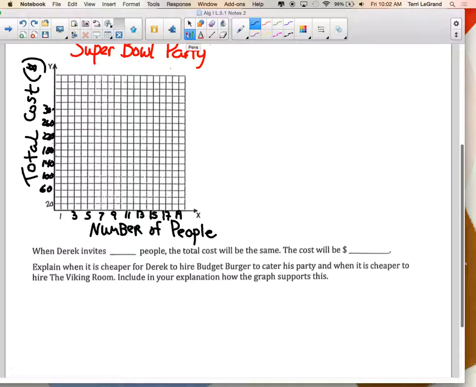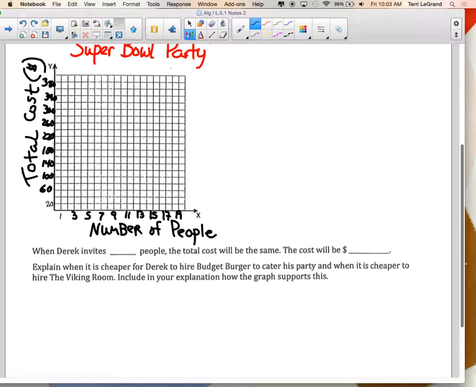Sometimes it might be worth labeling every grid line so you don't mess up. Like I think I'm doing right now: 260, 220, 260, 300, 340. I can't even read what I'm writing here. Would the top grid line be $400? Yeah. Okay, then I'm all right.